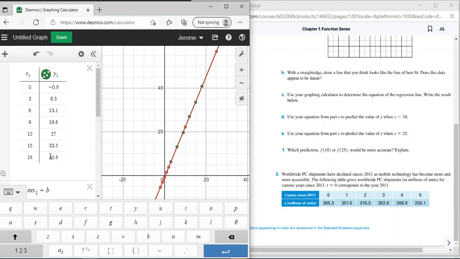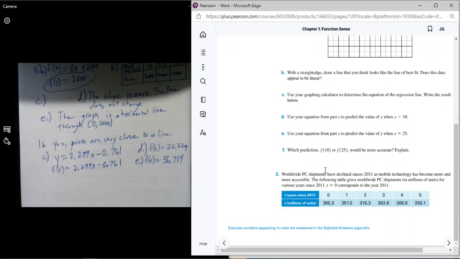So that is called interpolation. Interpolation is basically points that are within the original values you had. X being 10 is within the values you already had. Extrapolation is when you have values that are outside of this here. Like for instance, x being 25 would be extrapolation, as it said.